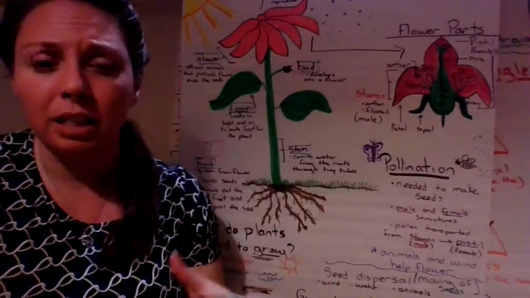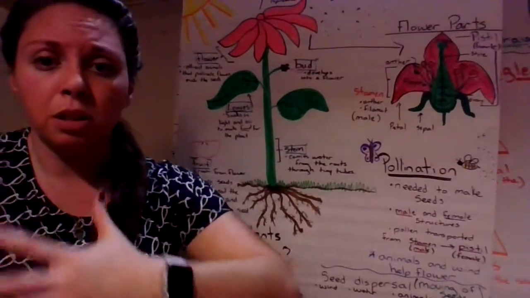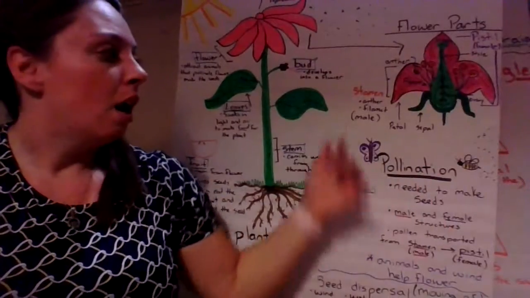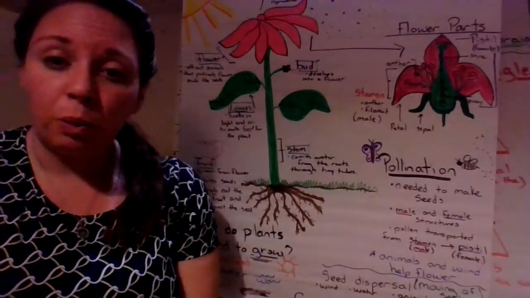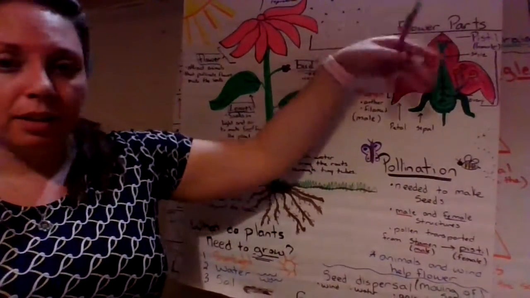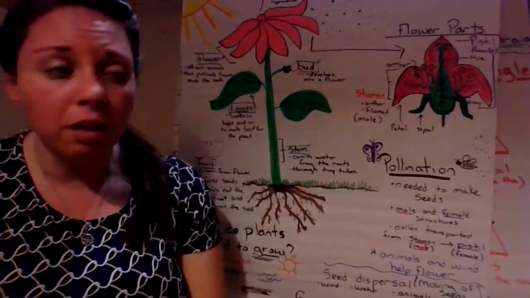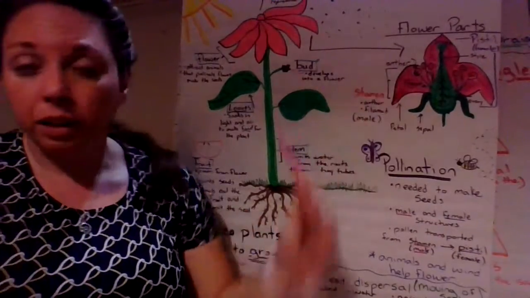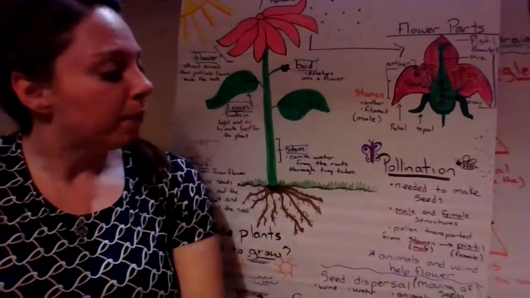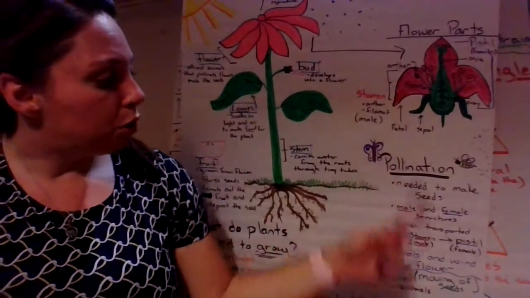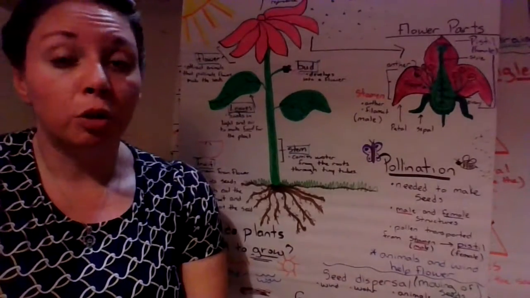A lot of that pollen is being distributed and dispersed by wind. Other ways, water. When it rains, for instance, the water might knock this down and make it run down the street or somewhere else. So pollen can be distributed through water. Pollen can be distributed through gravity.